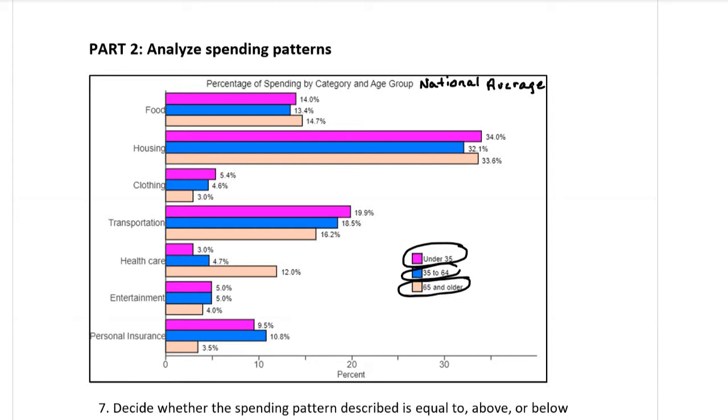Now, if you are doing this problem on paper and pencil, your graph will probably not be printed off in color, but notice that they're in order with what's listed here in your key and the way that they present in the graph itself. So you have the pink on top, the blue in the middle, and then the peach color on the bottom.